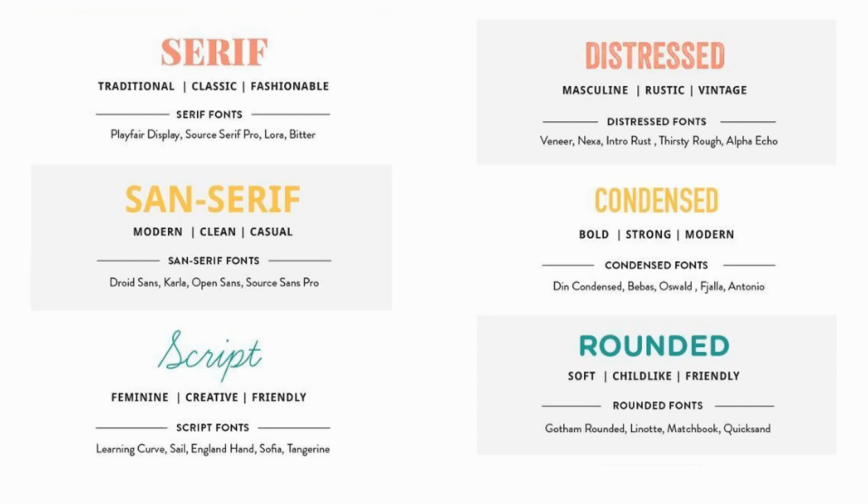Condensed is when the font is crushed together. Bold, strong, modern, they say. And it's also if you have too large words that you need to shrink down. Condensed actually puts less space between the letters. It actually makes the letters themselves narrower. Rounded, they call soft, childlike, and friendly. I don't know.